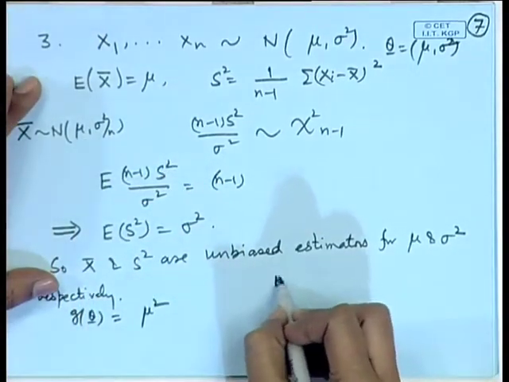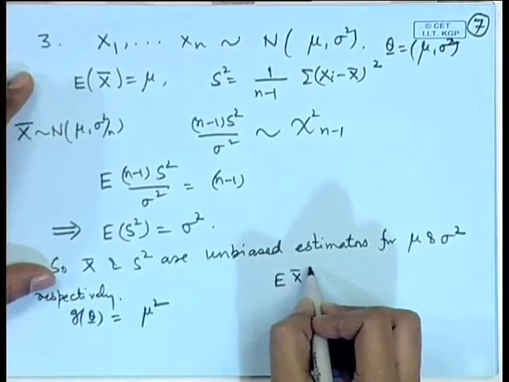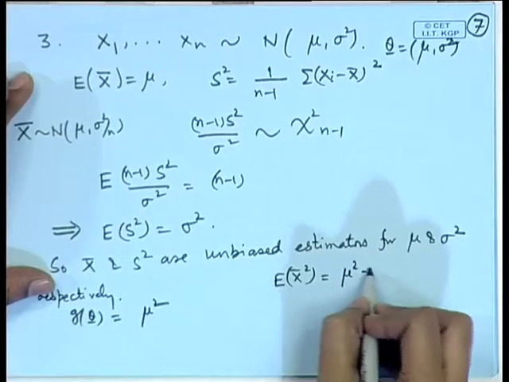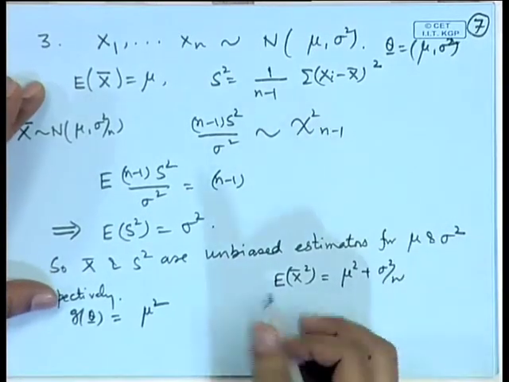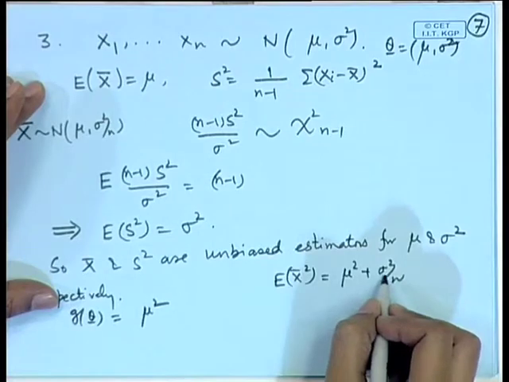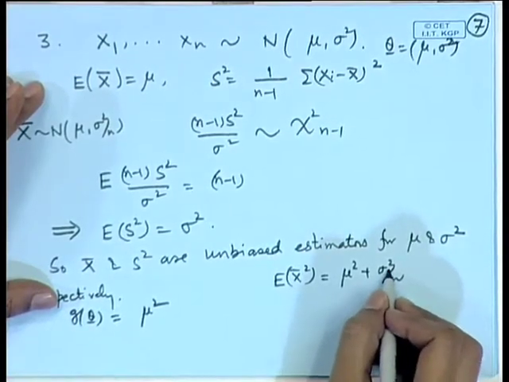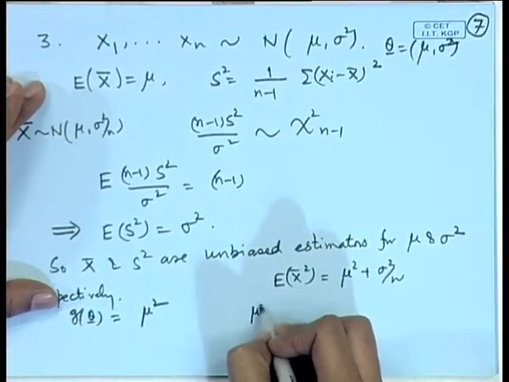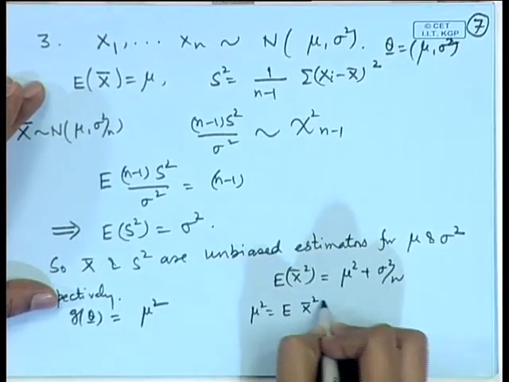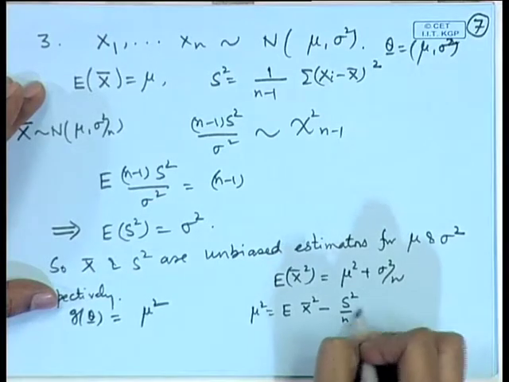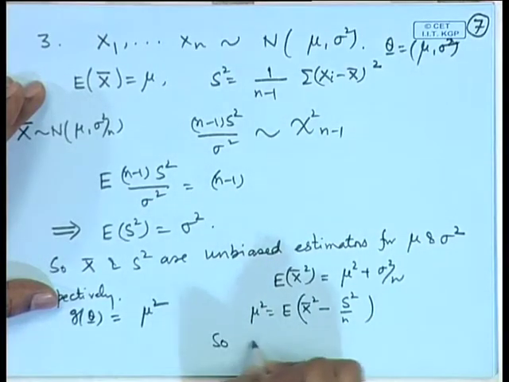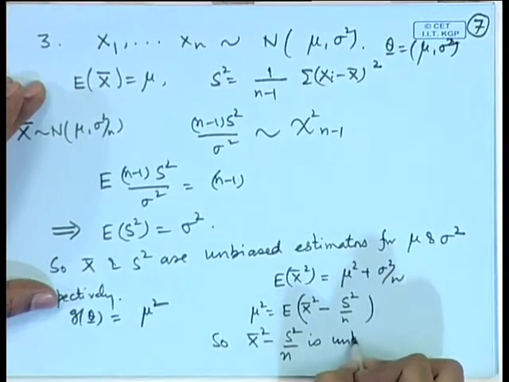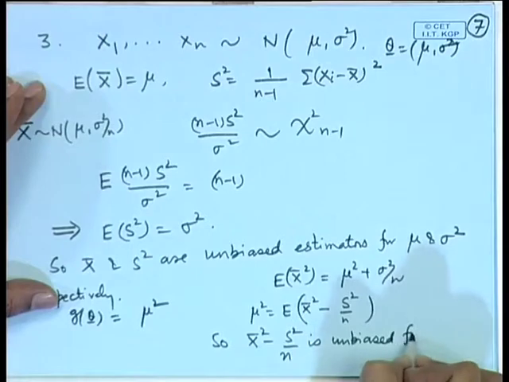So, expectation of x bar square is equal to mu square plus sigma square by n. So, I can subtract the estimate of sigma square by n from here. So, mu square becomes expectation of x bar square minus s square by n. So, x bar square minus s square by n is unbiased for mu square.